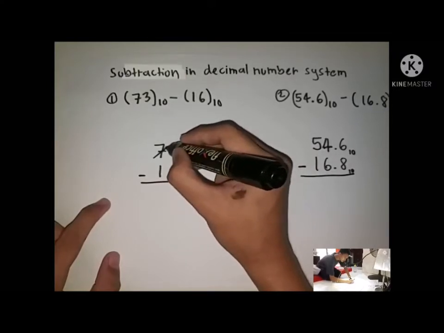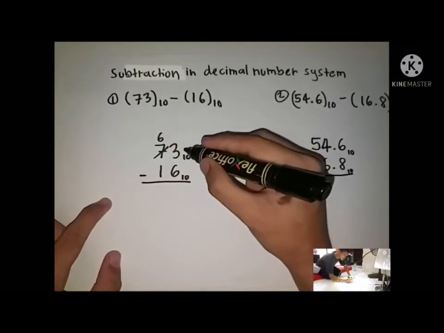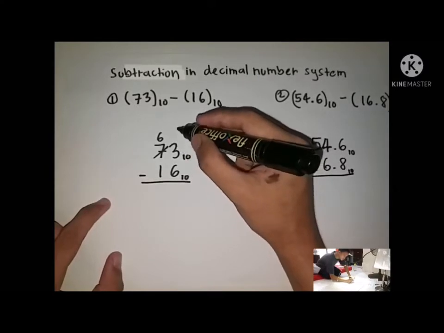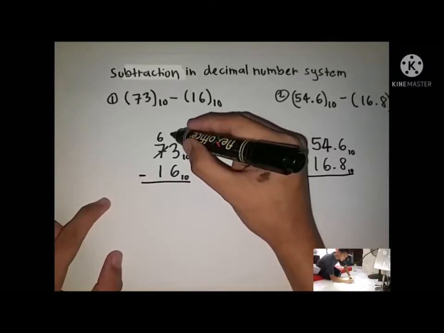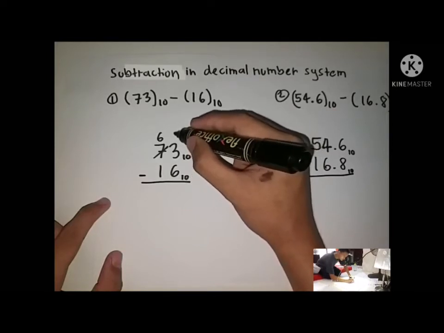That makes it cross out, then it makes 6, then it makes 10 here. So 10 plus 3 gives us 13.